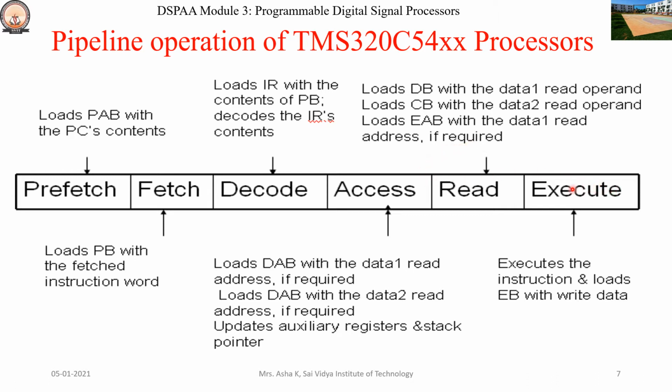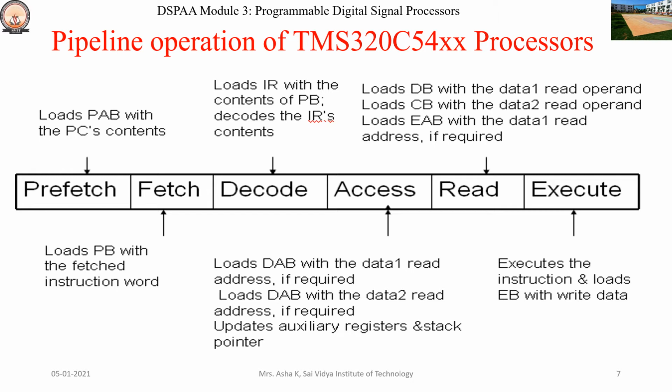And later the sixth stage or phase we have here is execute and write. In the execute phase, it executes the instruction and loads the EB with the write data. So these are the 6 different phases of pipeline operation of the TMS320C54XX processor.